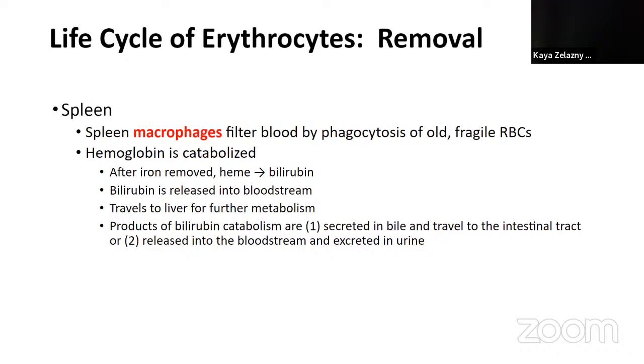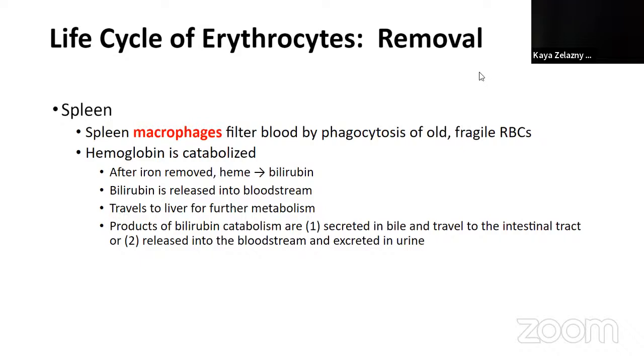So as the macrophages consume those red blood cells, they're going to break apart the hemoglobin. So the hemoglobin gets catabolized. Metabolism is breaking something down. So we're removing the iron from the heme group in the hemoglobin. And then we do throw out the rest of the heme group.